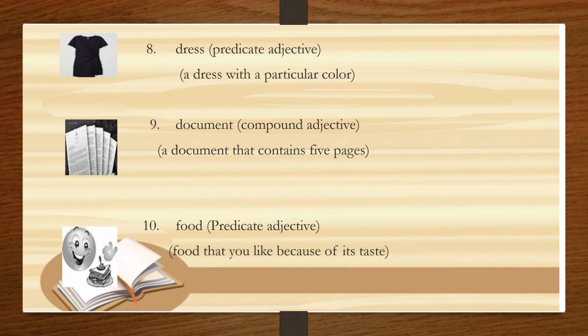For number 8, dress, predicate adjective, a dress with a particular color. Number 9, document, compound adjective, a document that contains 5 pages. And for number 10, food, predicate adjective, food that you like because of its taste.